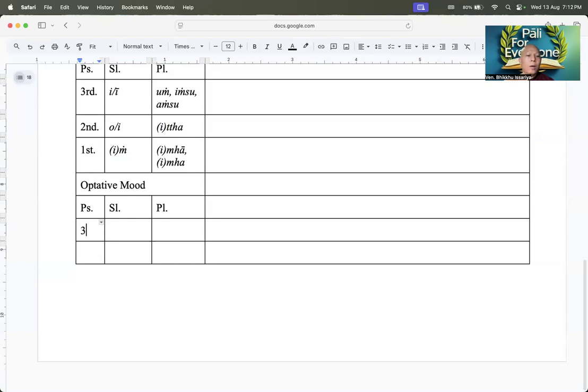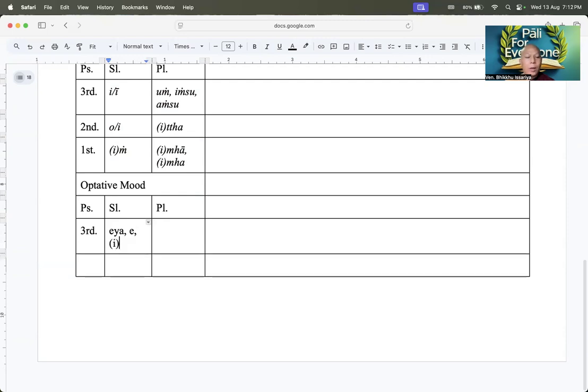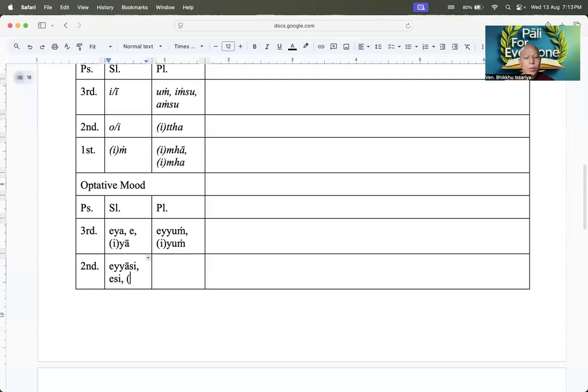For that base actually, so yeah, and also a, and then we have already explained, and then yo, and then yo, and second person singular is eyya, and also yasi. Okay.